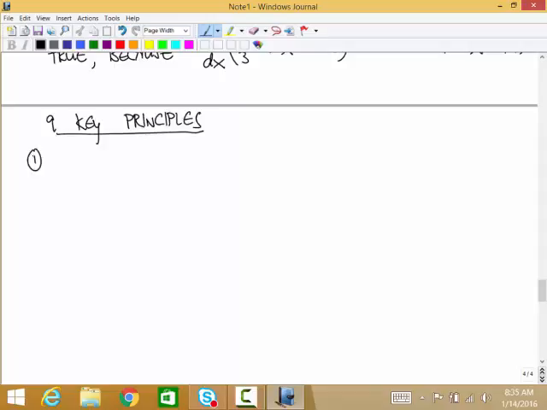Okay, so the first one is that if you take the integral of a constant, you get that constant times x plus another constant, an arbitrary constant c.